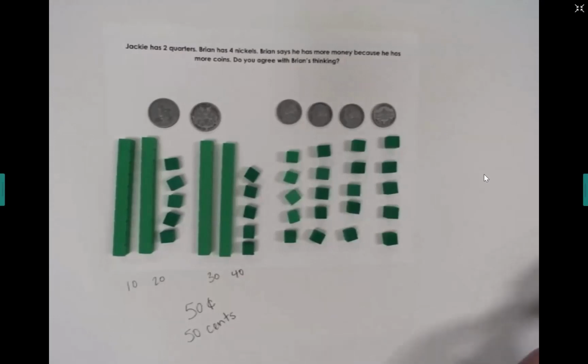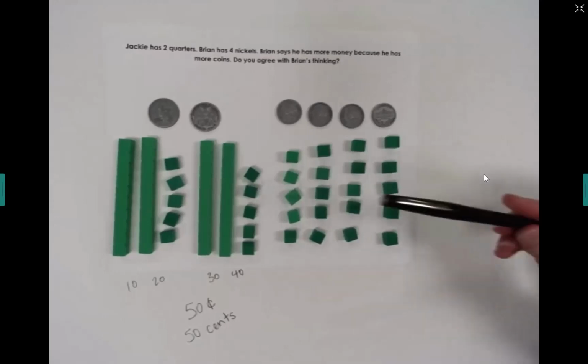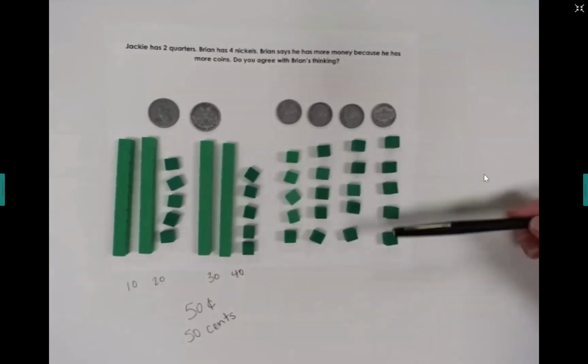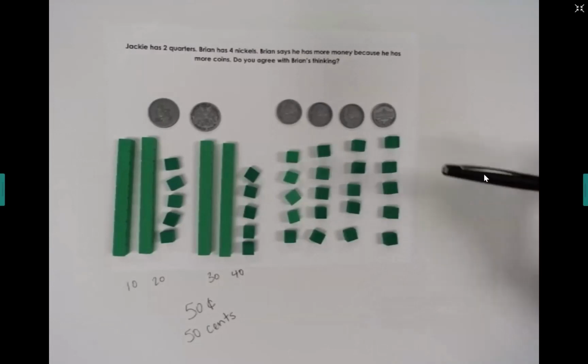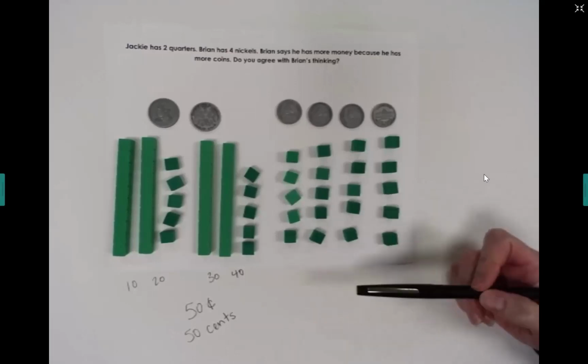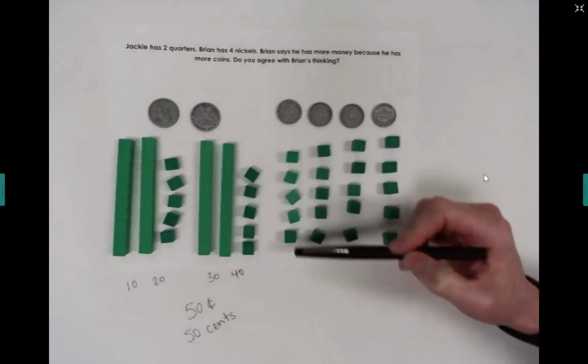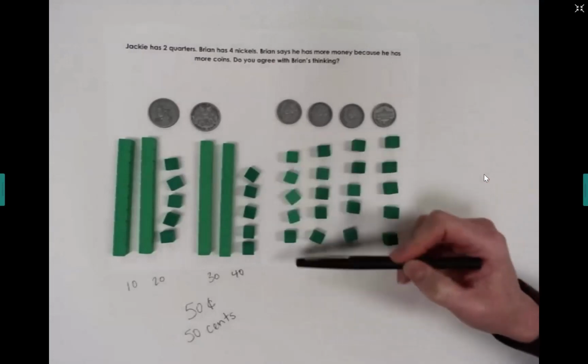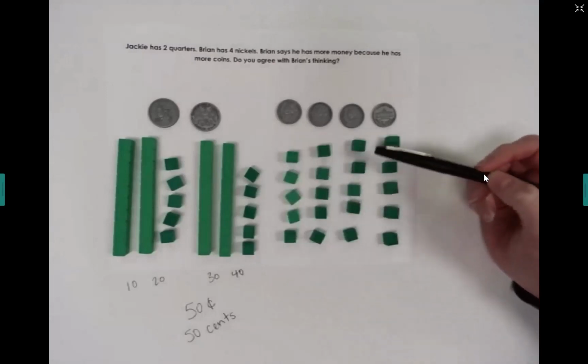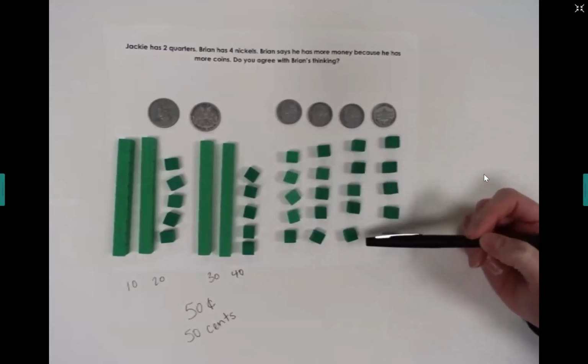So one way I could do this, and students can do this, is to count by ones. And counting by ones, I would find that his nickels are worth 20 cents. However, thinking about a more efficient strategy, if we go back to our understanding of place value, students could see, oh, if I have a group of 10 ones, I can bundle those 10 ones.